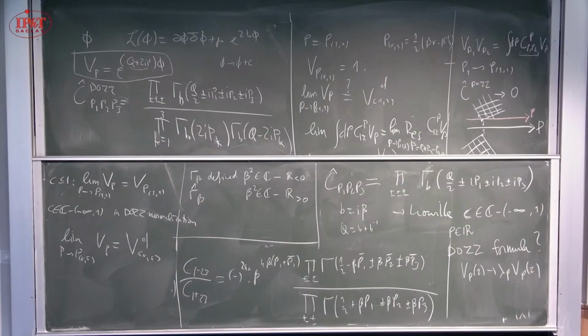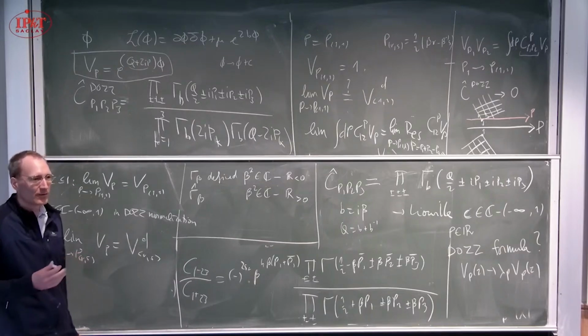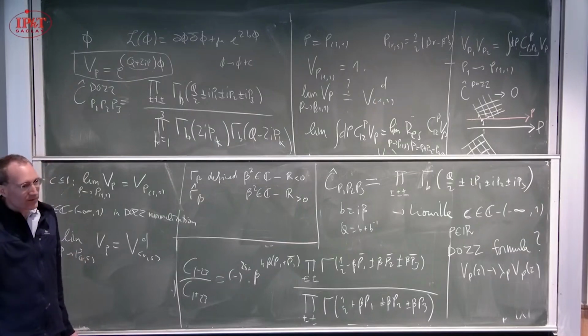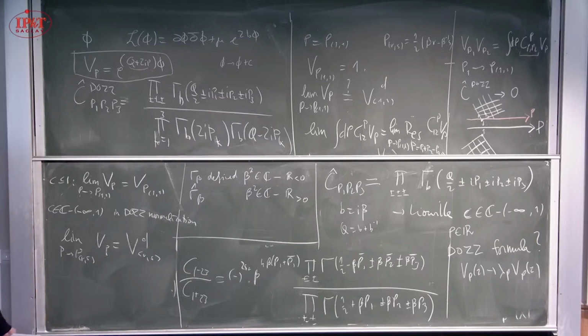I mean, you never used the fact that you could represent your V as the exponential of a free field. I mean, could it be useful to get results, or just? Well, now that the theory is solved, I'm not sure it would be so useful. I mean, it would be useful to prove rigorously the solution, or it could be useful maybe to make contact with the lattice construction of Liouville theory, but it does not work so far.